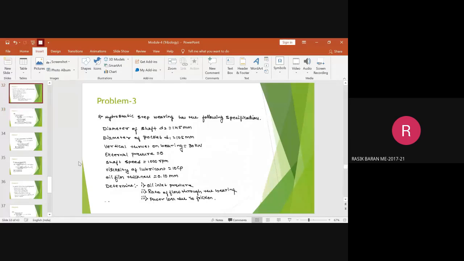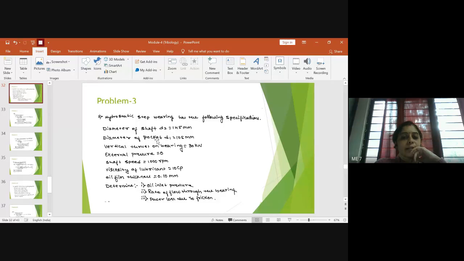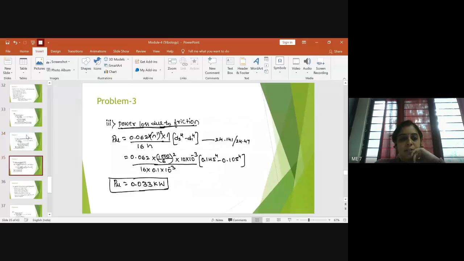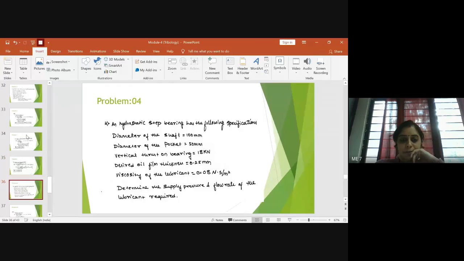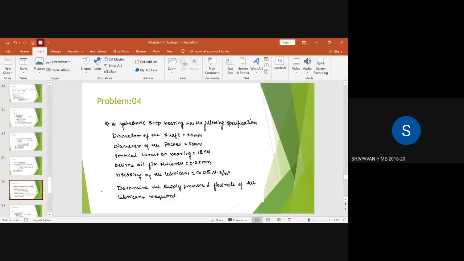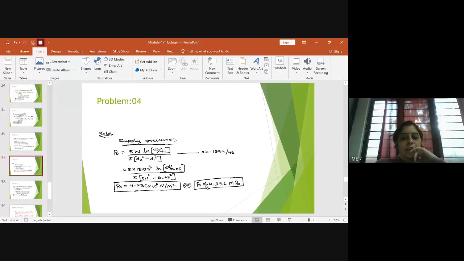We were solving the fourth problem. That's what I'm telling. Okay. So this is the same data you have taken, right? Yes, ma'am. Okay. So then the value of P naught you have got is right.